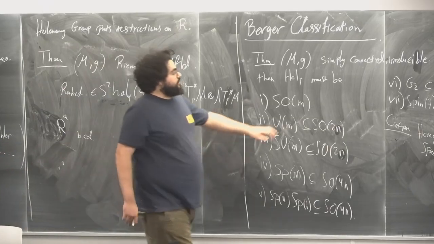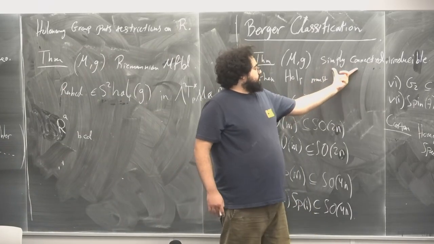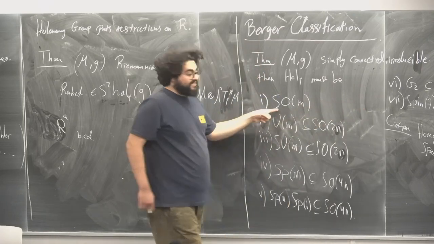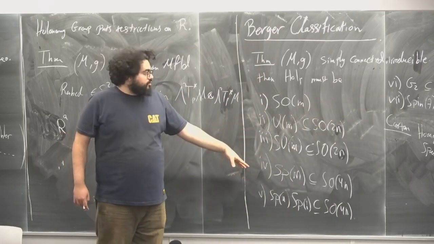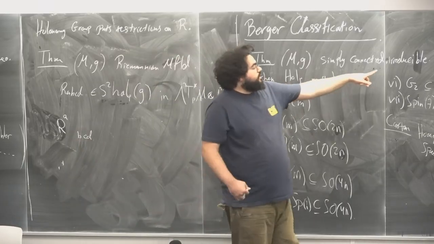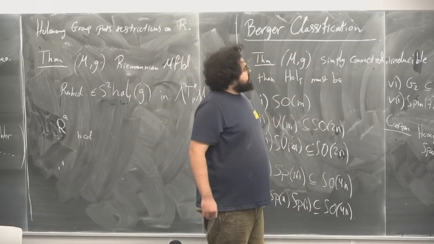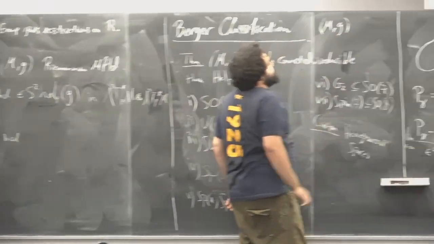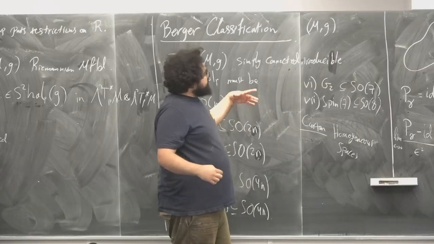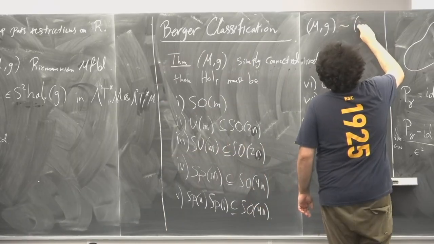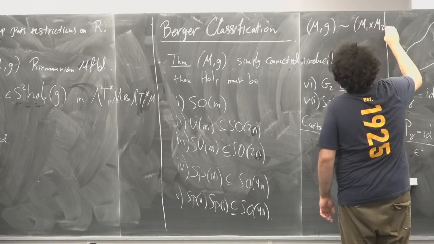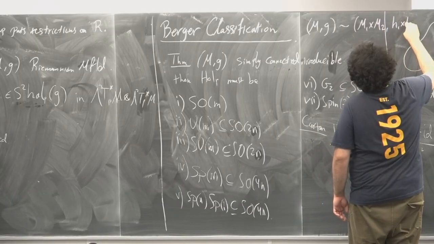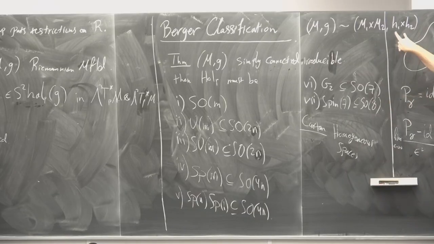So simply connected, like we said, gives us the connected Lie groups. What does irreducible mean here? Irreducible basically means that this Riemannian manifold (M, g) doesn't locally split up into a product of two manifolds with metrics that split up into the two components.